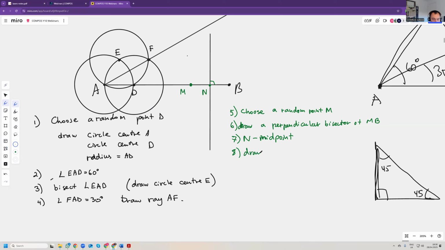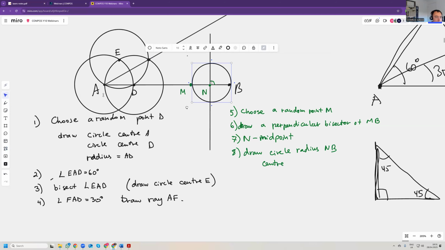Step 8. Draw a circle, radius NB, center N. And it will be like this. MNP. Step 9.